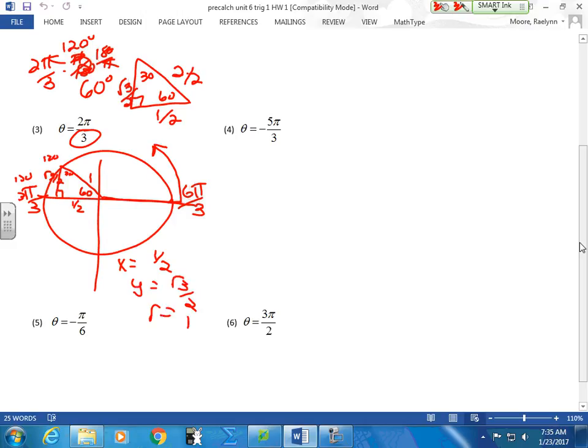And now I say this. In quadrant 2, is my x positive or negative? Negative. Is my y positive or negative? Positive. I'm good to go. So I say, okay, sine is y over r, because my radius is 1, it's radical 3 over 2.